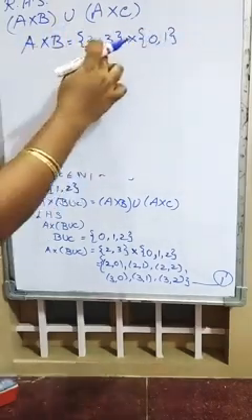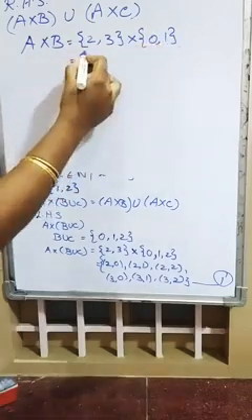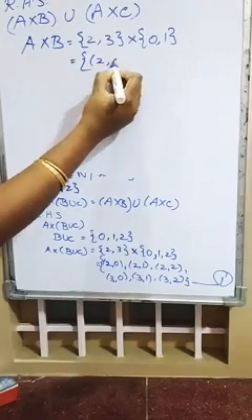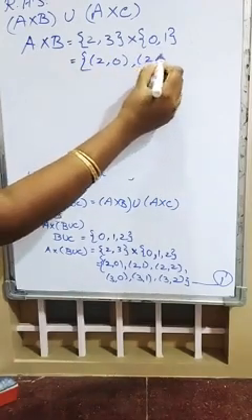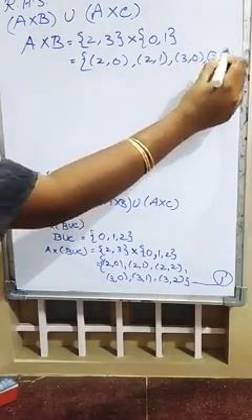A is {2, 3}, B is {0, 1}. Can you guess the answer? Yes, (2,0), (2,1), (3,0), (3,1).